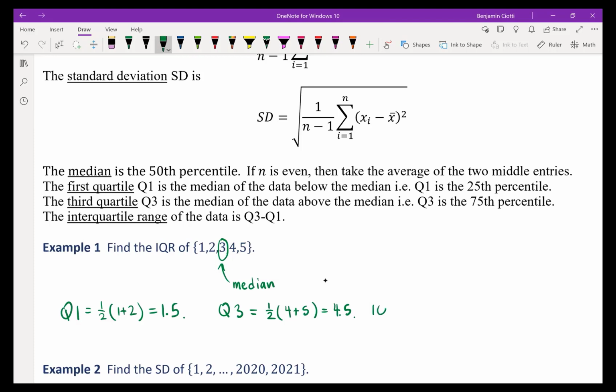Thus, I can now calculate the interquartile range as the difference between the third and first quartile, Q3 minus Q1, which is 4.5 minus 1.5, which is 3.